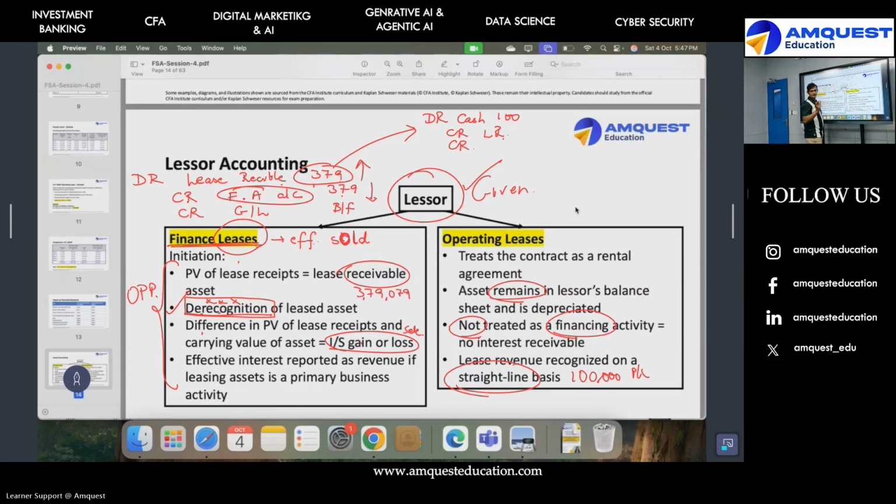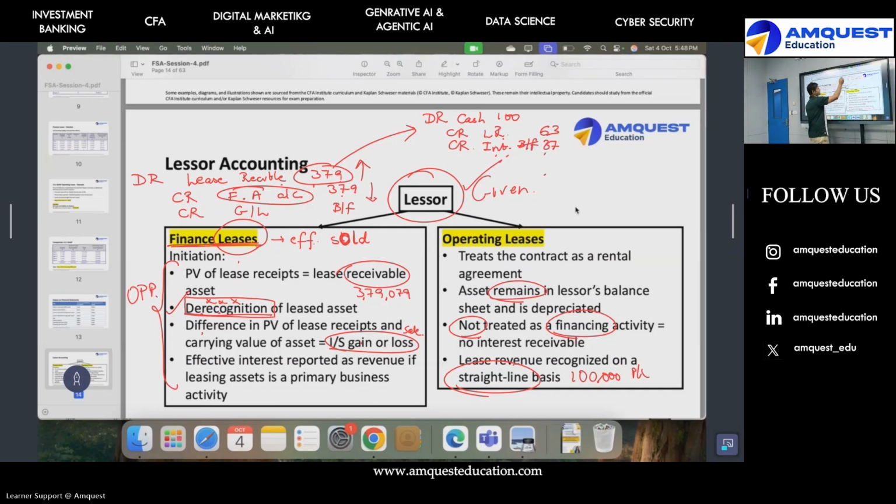What's the balance figure? What is that? Interest. You did that, the interest amount in the table. This is the interest amount. He'll credit lease receivable and interest. First he'll record interest of 37. And lease receivable will reduce by 63. So 37, 63.